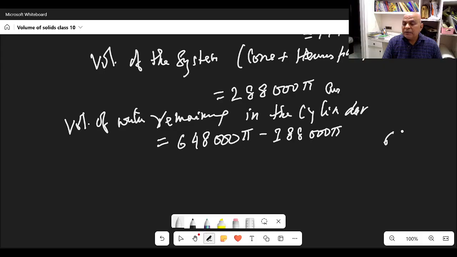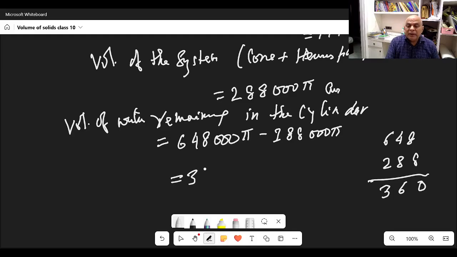Now 648 minus 288: subtracting, 14 minus 8 is 6, 3 minus 2 is 1... this will become 360,000 pi.